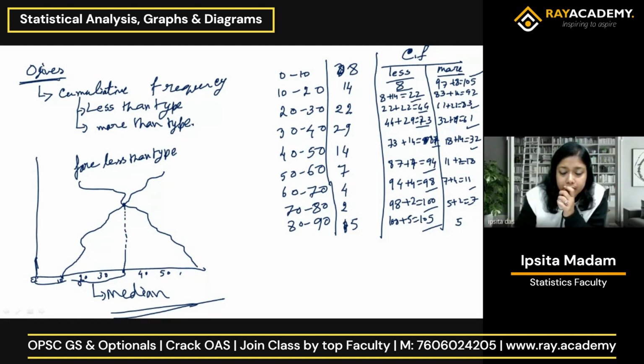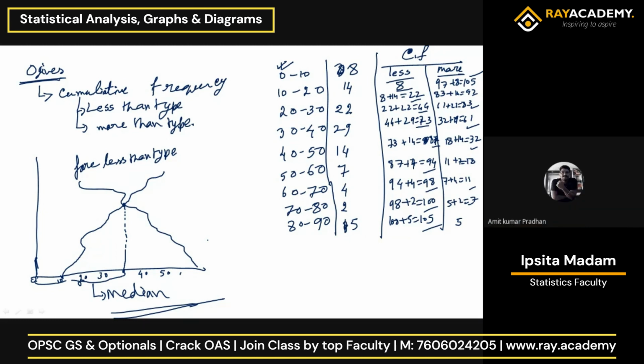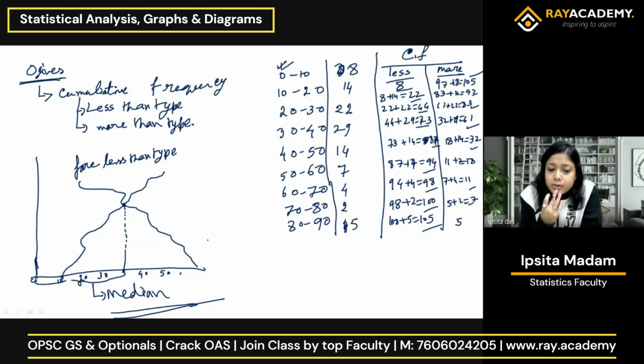Are you asking for ogives or frequency polygon? Ogives. In ogives, the points set, 0 to 10, 10 to 20, all classes are represented on the x-axis. Yes, ma'am. But instead of using 0, 10, could we use the midpoint? No, for ogives, we will not use the midpoint.